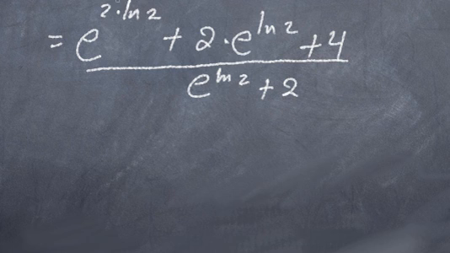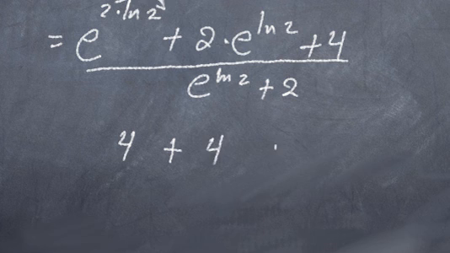So remember, you can take this 2, you bring it out here, so this is 2 squared, okay, which is going to end up being 4, plus, and then this is going to end up being e to the natural log of 2, which is going to end up being 2, and then 2 times 2 is 4. So I think we're almost there.